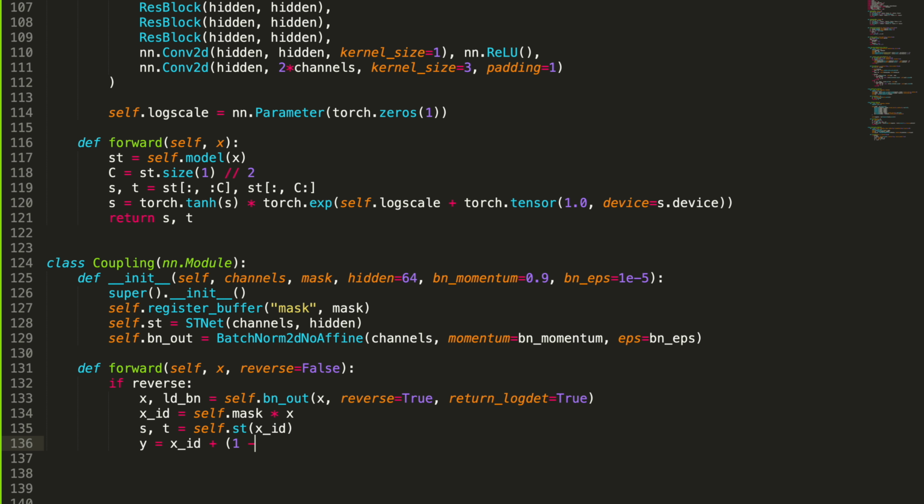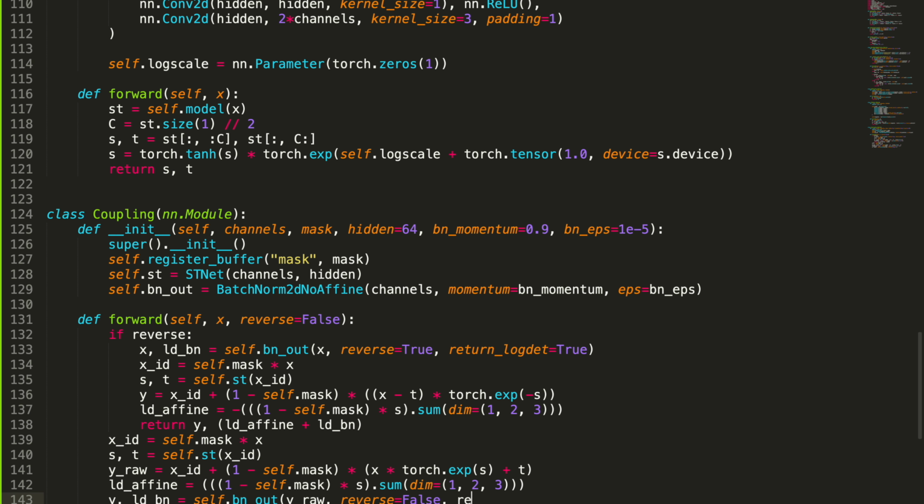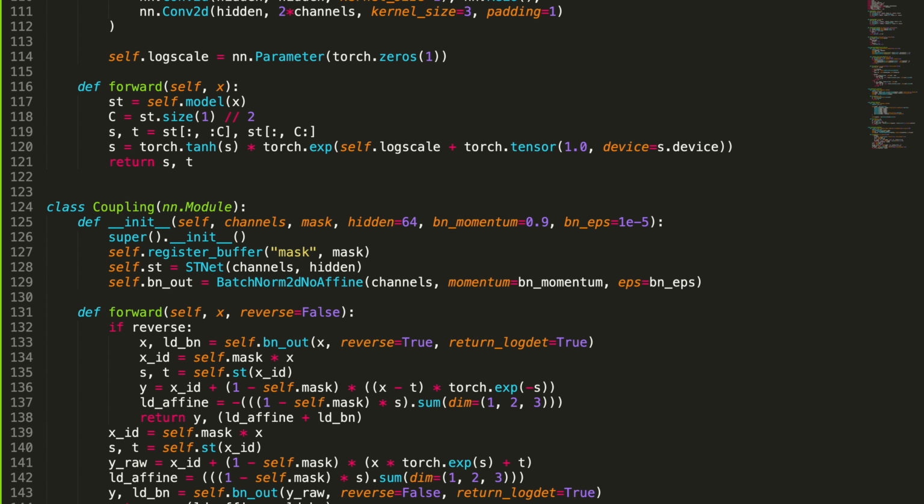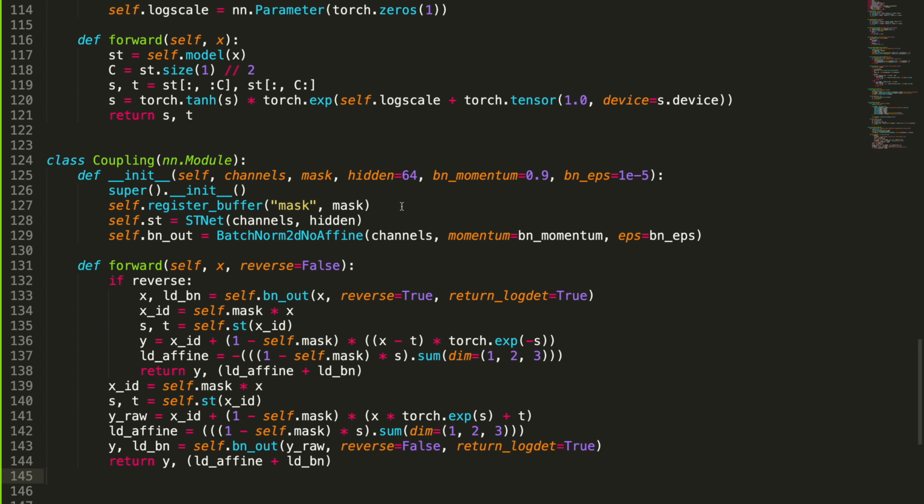When we feed the data to the coupling layer, we need to return the log Jacobian determinant, and therefore in that case it's important to use the proper batch normalization that will give us this value that we need.